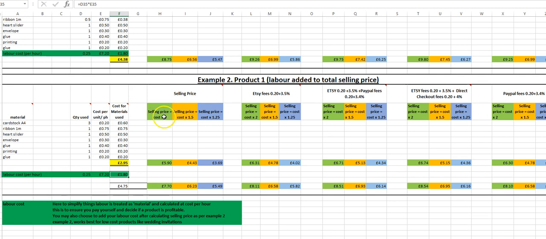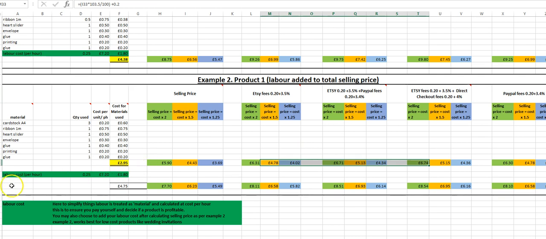Selling price is equal to cost times 2, cost times 1.5, and cost times 1.25. And so before adding your labor costs, these are the prices you should be selling at. And when you add your Etsy fee only, these are the prices. And again, Etsy plus PayPal fees, Etsy plus direct checkout fees, and PayPal fees only, it gives you these.